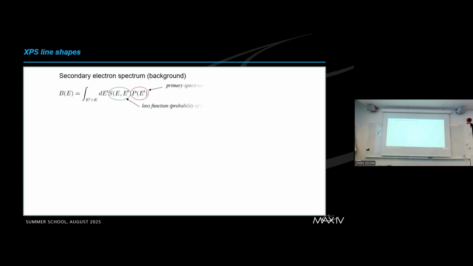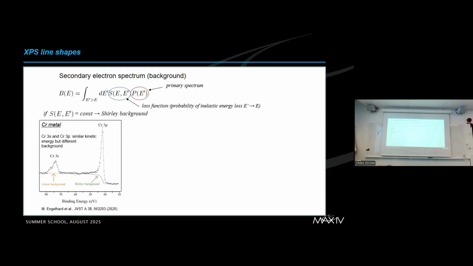So the shape of this secondary background is actually determined by the primary spectrum and by the loss function, so the probability of inelastic energy loss here. If the loss function can be approximated with a constant, then what we are getting is a so-called Shirley background.